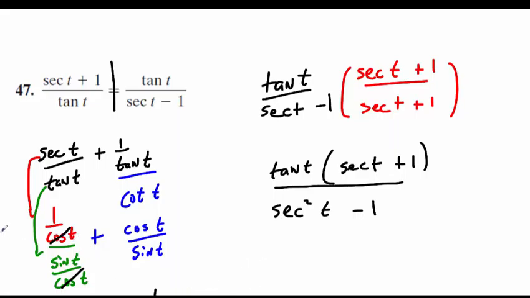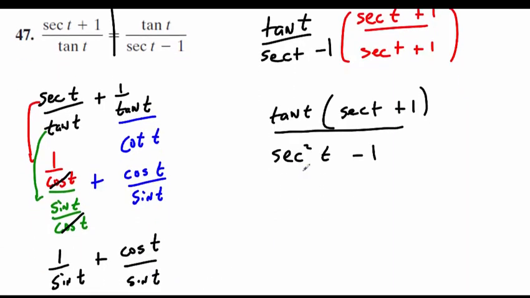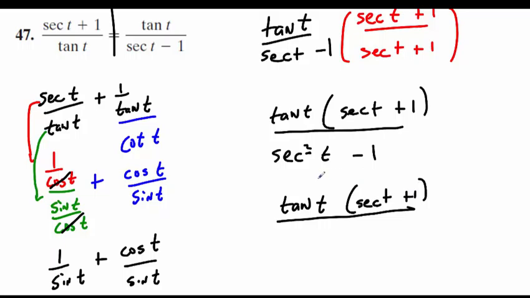All right. And remember what I've told you guys: the second that you see anything squared, start thinking, is there a possibility of having an identity? So let's just take our top, tangent t and secant t plus 1. What is secant squared minus 1 equivalent to?